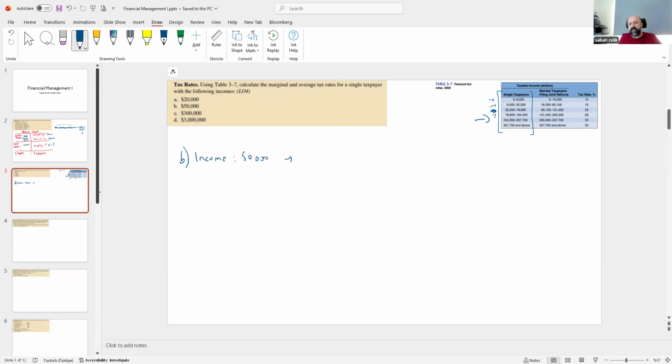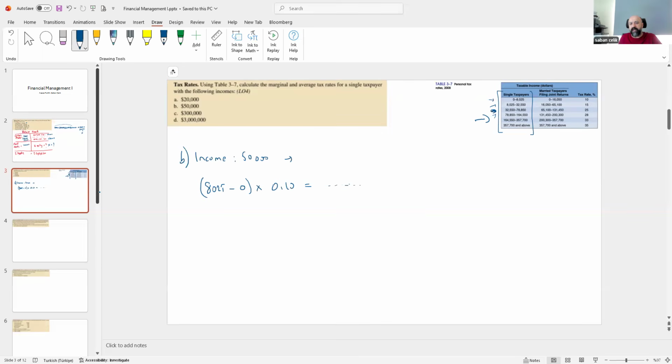Till that part, I'm just going to use the threshold numbers. So $8,025 minus 0, I will multiply this by the tax rate at this rank, which is 10%, 0.10. So I'm going to write the result here.